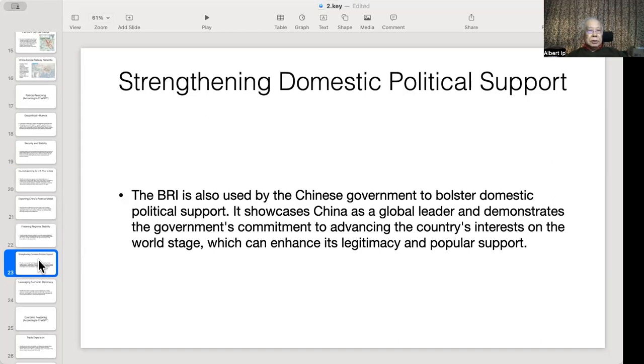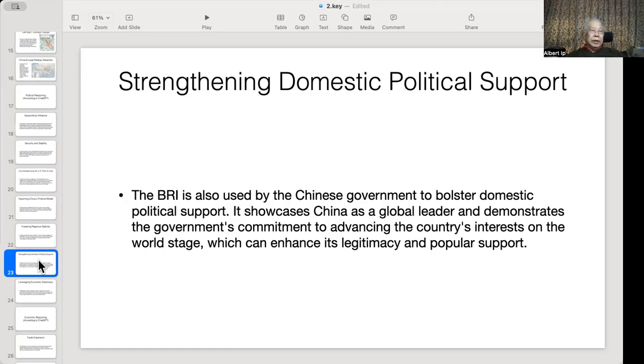Strengthening domestic political support. Again, I don't think BRI is designed to do this. The Chinese government enjoys very high domestic support. A long-term study of the resilience of the Chinese political system by, I think, Harvard, a long-term study taking about 8 years, found that the national government enjoys a population support of about 95% before COVID.